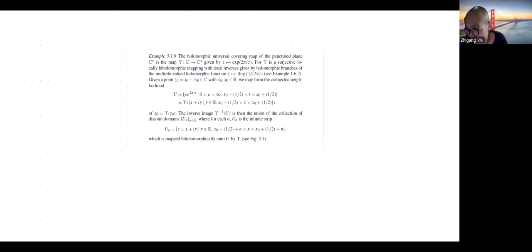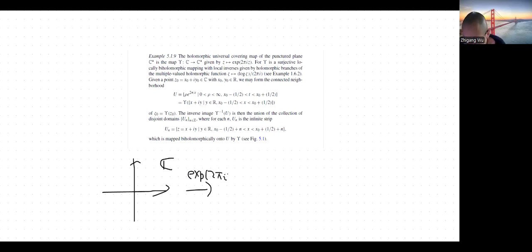Here, basically you have the C plane, and we define the exponential map by exp of 2 pi z.